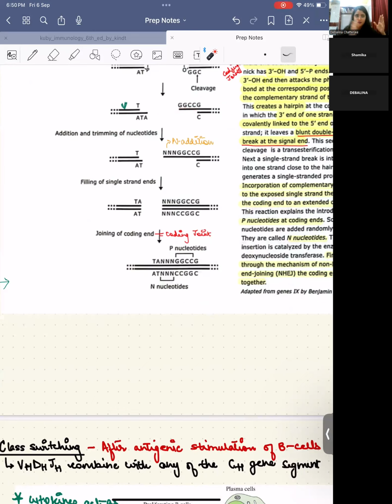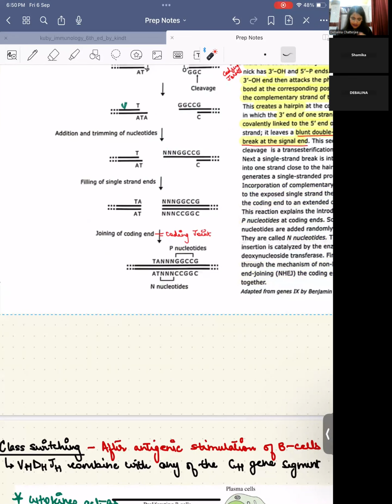We can also have, alongside this palindromic heptamer sequence, some random nucleotides getting added on one strand of the DNA. So whenever we have one strand of the DNA having some randomly inserted nucleotides, since we will have the normal filling using the normal repair machinery, we have complementary nucleotides getting added to the other strand as well.